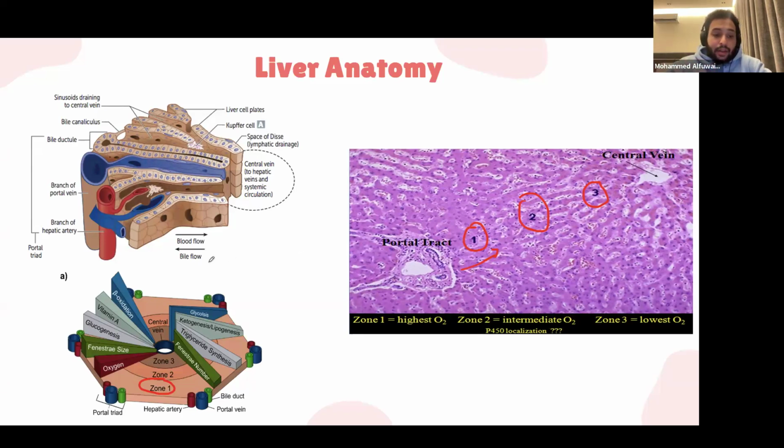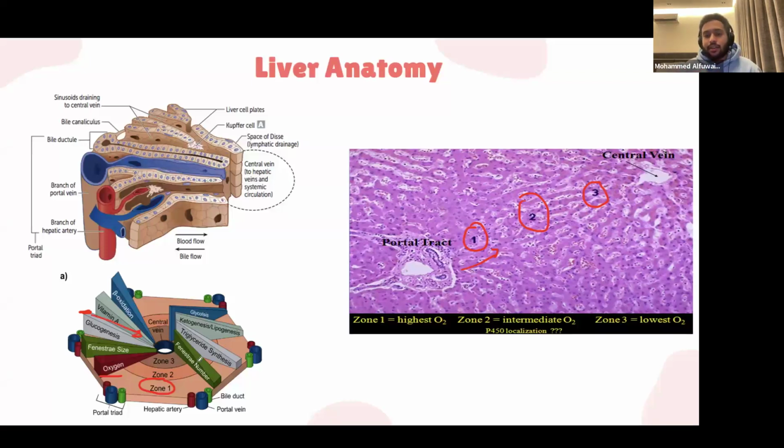Other than that, obviously from the portal vein and the hepatic artery, you'll have the highest amount of oxygen, as we mentioned. The gluconeogenesis. Gluconeogenesis, you're producing glucose. Where do you want this glucose to go? To the systemic circulation, okay? So obviously, the highest amount of gluconeogenesis will be here, and it will go downwards, okay?